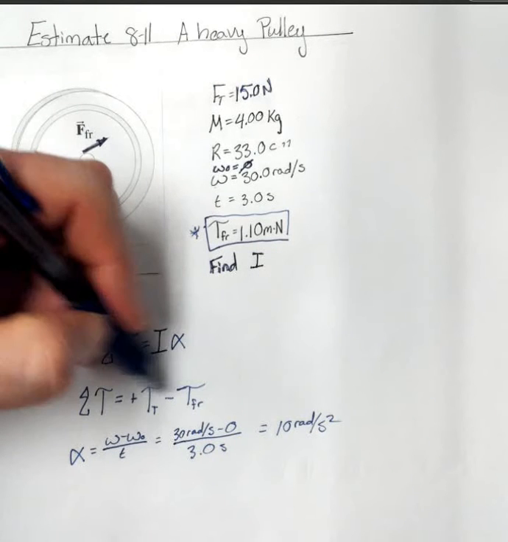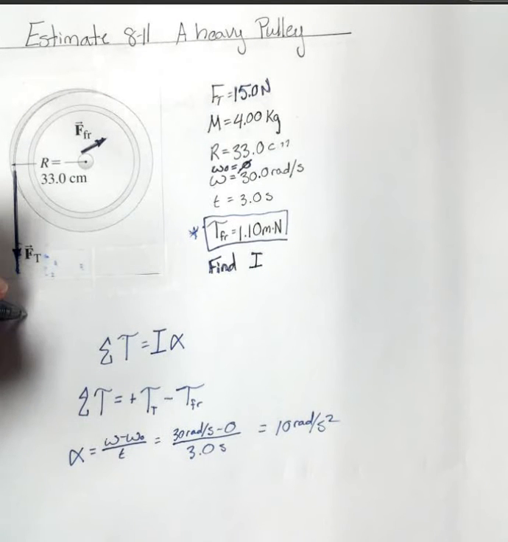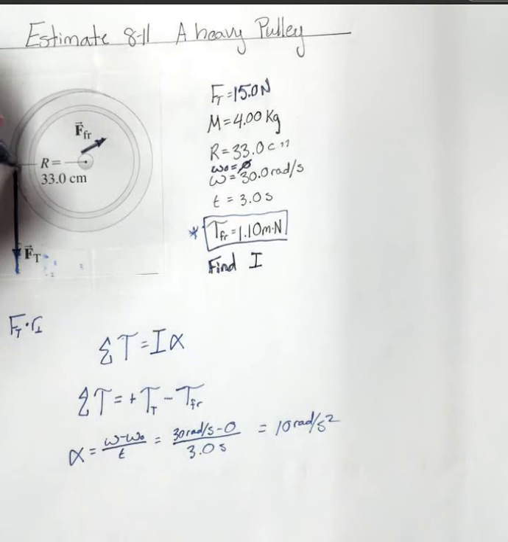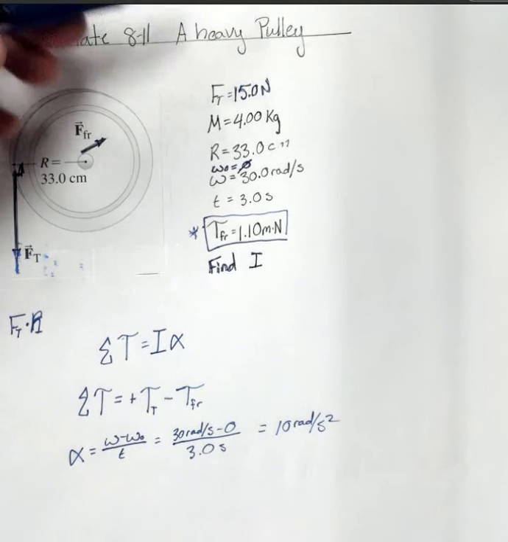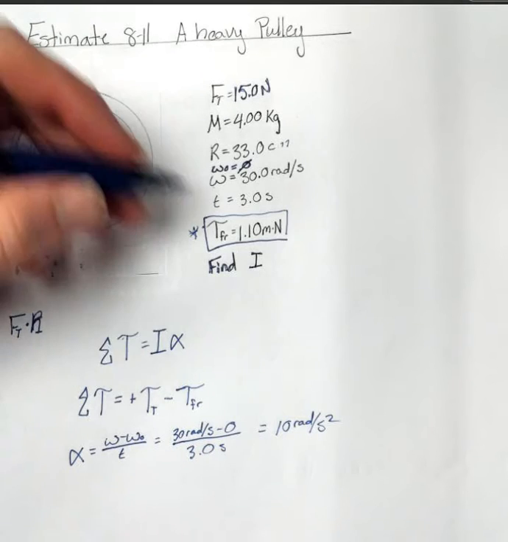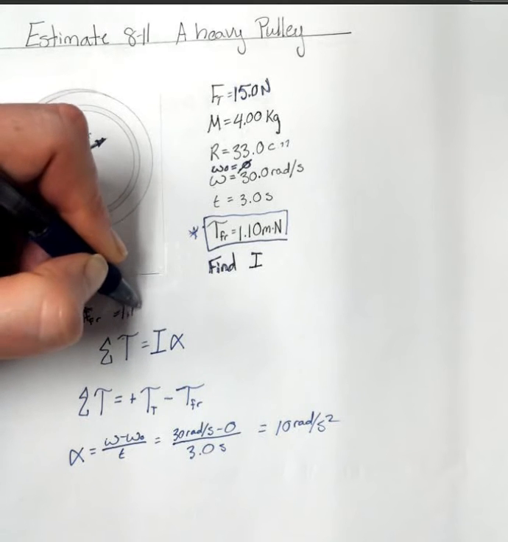Let's go ahead and do our net torque. This torque of tension is given as the force of tension times the moment arm. And lucky us, we're not going to have to find any angles because that is a perpendicular relationship right there. So it's just going to be that force times the radius. And the torque of friction is already given, 1.10 meters times newtons.